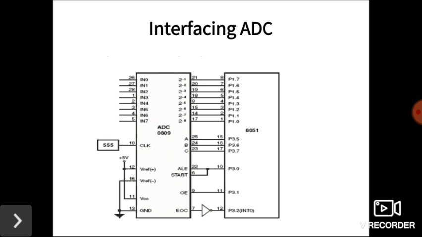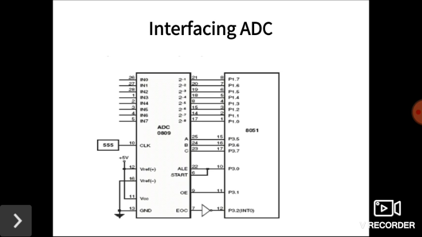Then interfacing ADC, that means analog to digital converter. An analog to digital converter may accept single or multi-channel analog input, and the output may be collected either through interrupt or by polling, depending upon the interfacing.